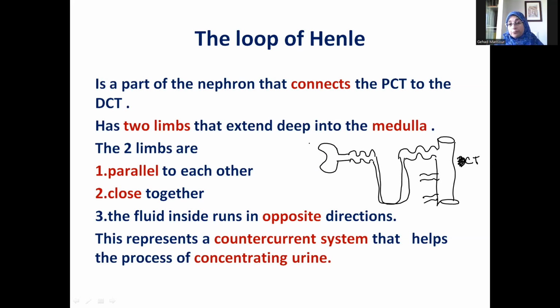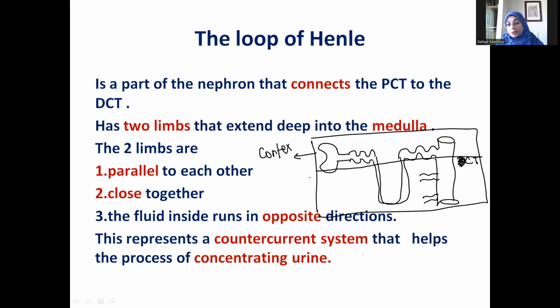Now, if we try to remember the parts of the renal tissue, we would find that the outer third of the renal tissue is the renal cortex, whereas the inner 2/3 represent the renal medulla.